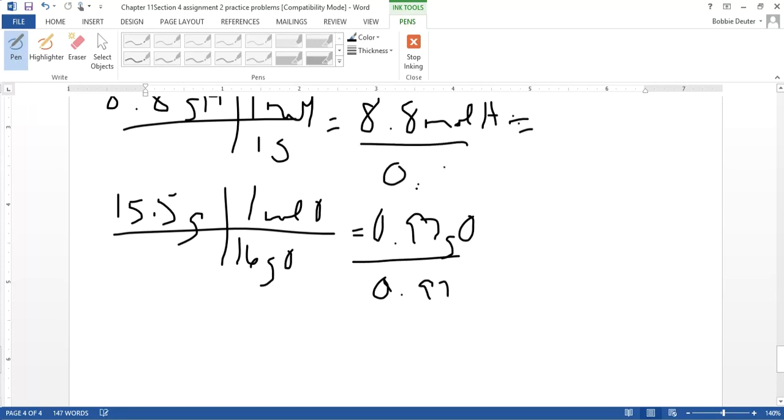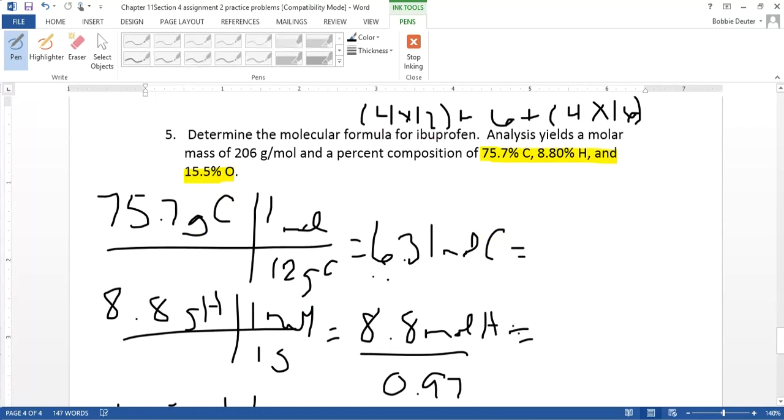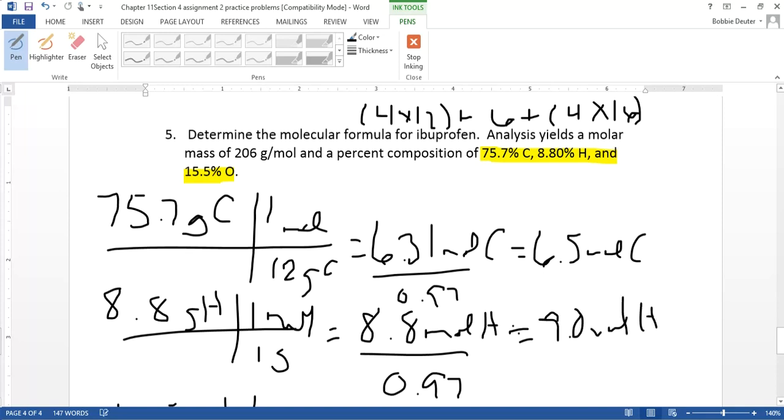So divide all of it by 0.97. And we get 6.5 moles of carbon. You get 9.0 moles of hydrogen.